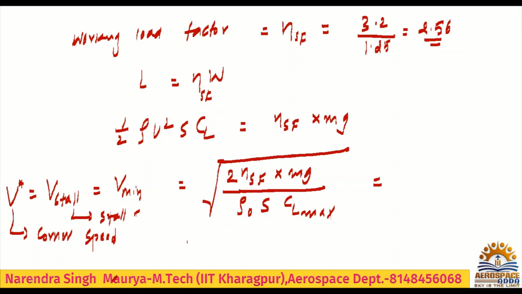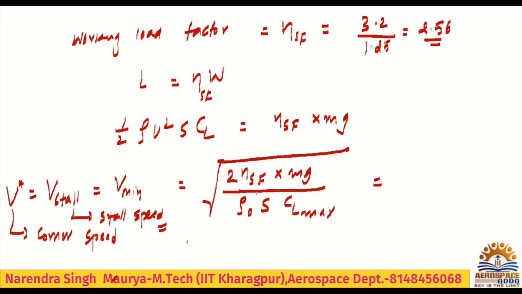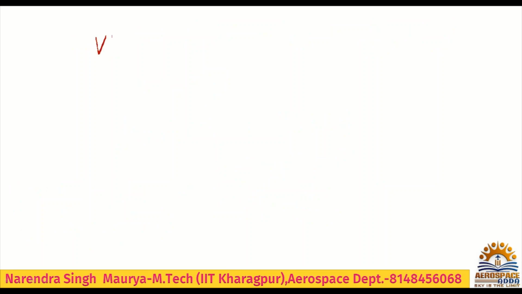Different names at different places, but the meaning is same. If you write all the values, mass, gravitational acceleration, density, area, you may get that value. So I will write here, this is nothing but V star, you can also write V stall.